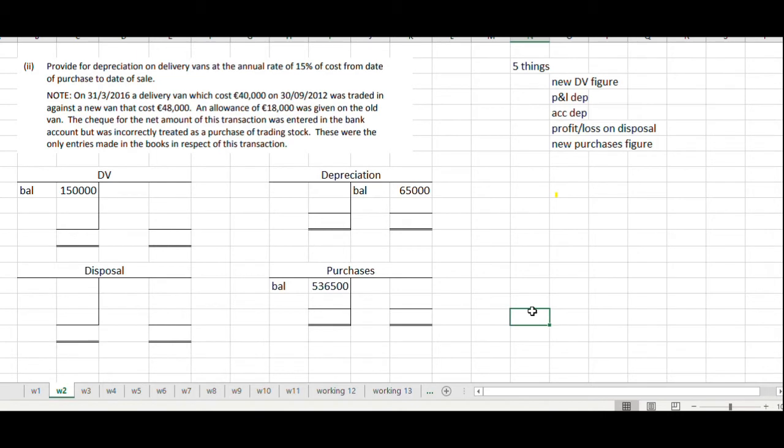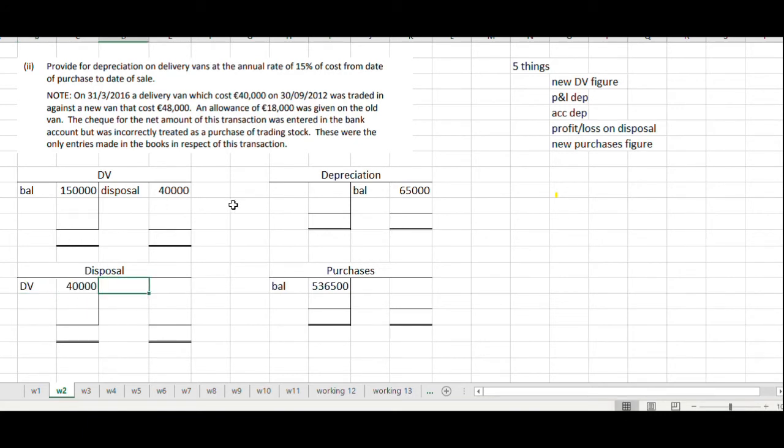This note always follows the same way. We'll start with the delivery van which was disposed of, cost 40,000. So for the delivery van's disposal, we credit 40,000 in the delivery vans account and we debit it in the disposal account.